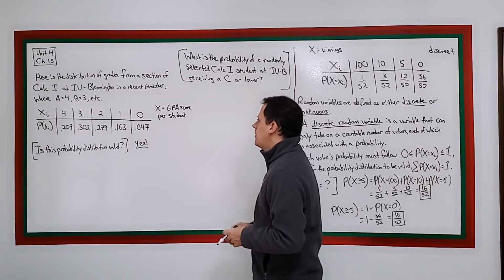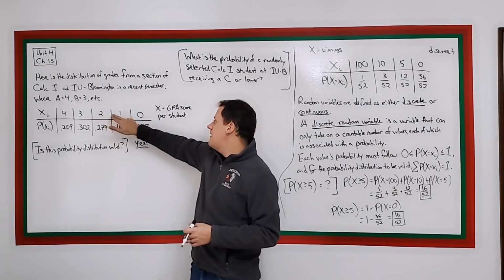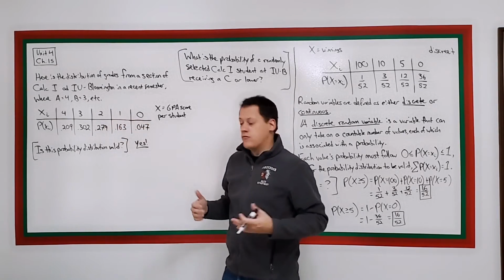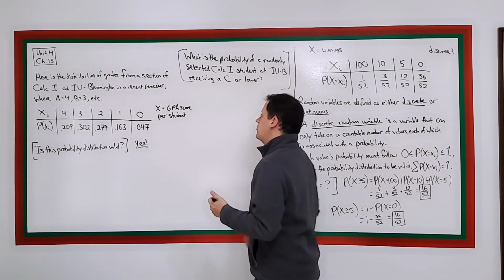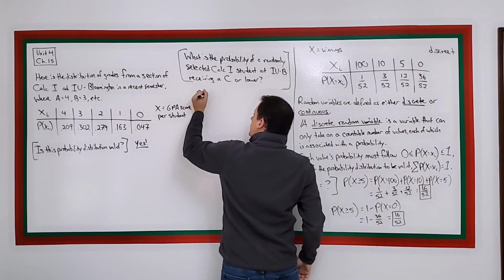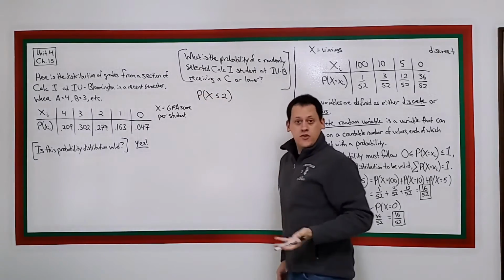So that would be C is 2. C or lower would be any of these results. So answering this question is as simple as saying, well, we want the probability that X is less than or equal to 2.